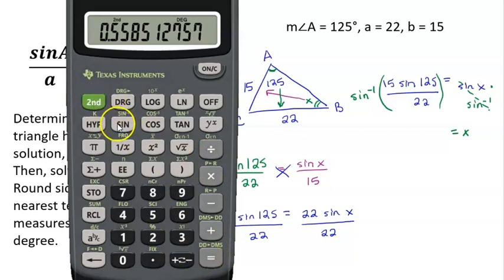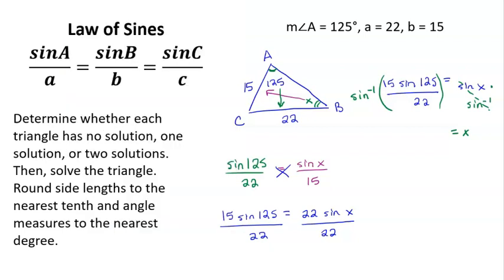Then you're going to hit second sine for that inverse, and we get 33.95. And so we're just going to round that to 34 degrees. And so angle B is going to be 34 degrees.